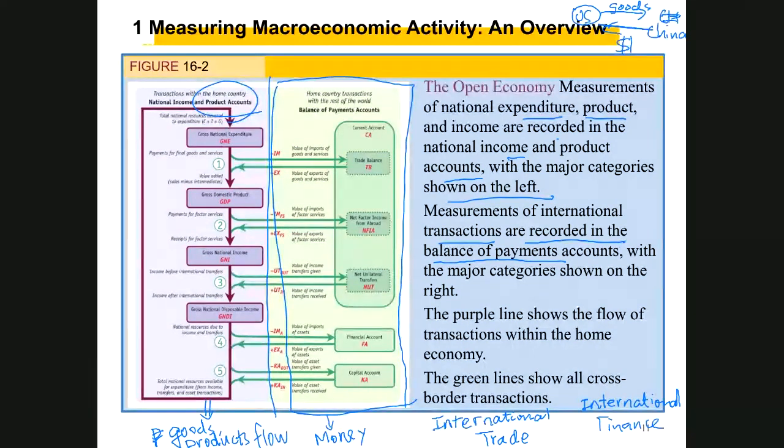So goods in return for money. Okay, so one transaction will have two flow. One flow is in the goods, one flow is in the asset or money, right? It's the same thing whenever if you do the opposite, if you buy the goods from the other country, you buy the goods and you have to pay out the money back to them, right? And the first part of our course focus on the trade, which is this one, the good flow. So trade, right? And the second one is the finance.